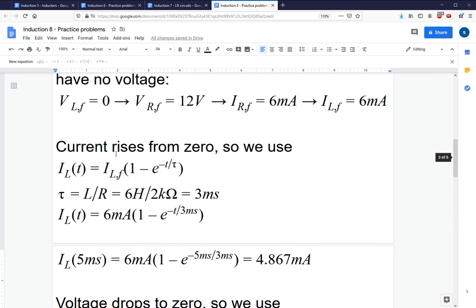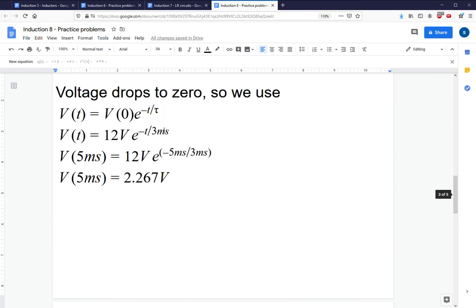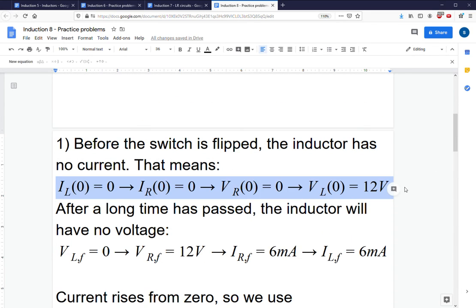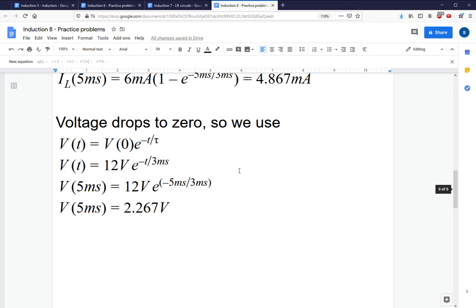We already found that tau was 3 milliseconds. And from this, we saw that the initial voltage was 12 volts. So the formula is V of t is equal to 12 volts times e to the negative t over 3 milliseconds. Plug in the 5 milliseconds for t. The voltage at 5 milliseconds is 12 volts times e to the negative 5/3, or 2.267 volts.